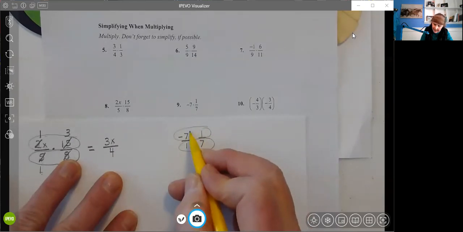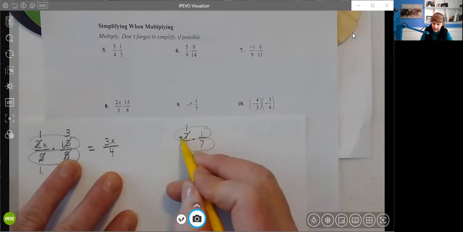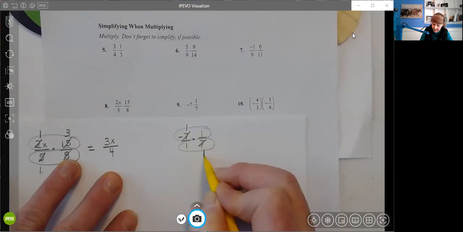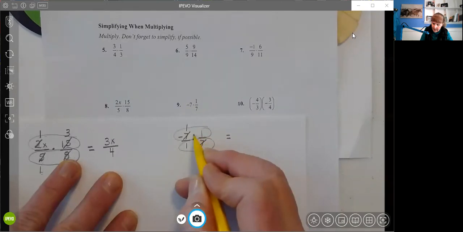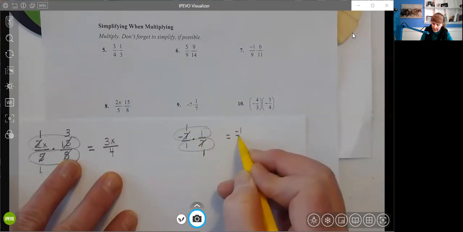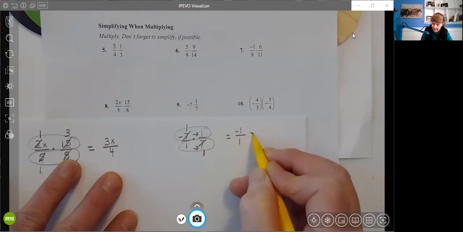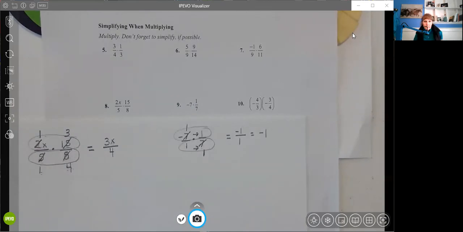This divided by 7, we have a 1. We still have the -1. This divided by 7 is 1. So when I multiply across, I get a -1. 1 times 1 is 1. This is equal to a -1. So I put my whole numbers over 1, I reduce, and I multiply across. Let's try number 10.